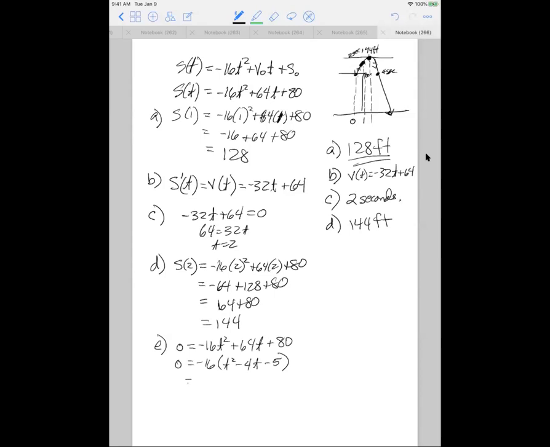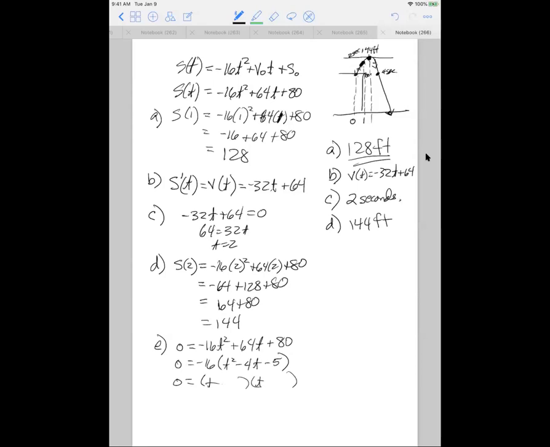And if you notice now, if I divide each side by negative 16, it's going to cancel out. 0 divided by negative 16 is still 0. So the only point that's going to affect this circumstance right now is the factoring. So we've got t, and to determine what time it will cause the function to equal 0, that negative 16 won't do it.